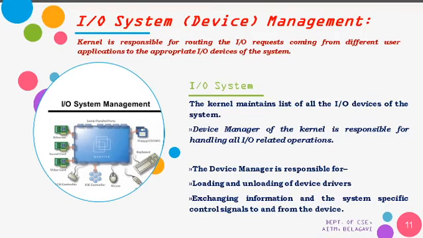In this, the kernel maintains a list of the input output devices which are connected to the system, and the device manager of the kernel is responsible for handling all the input output related operations. Device management is responsible for loading and unloading of device drivers and exchanging information and system specific control signals to and from the devices.